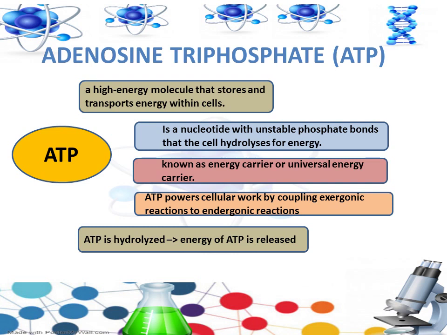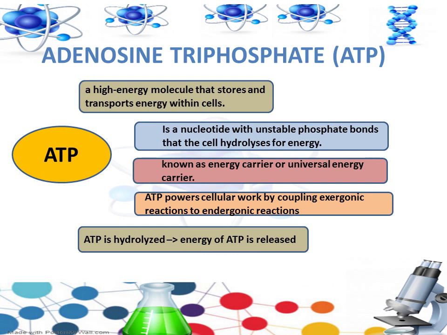Next, we go to the next subtopic, adenosine triphosphate, which is ATP. So what is ATP? ATP is a very high energy molecule that stores and transports energy within cells. It is a type of nucleotide with unstable phosphate bonds that cells hydrolyze for energy. And ATP is also known as the energy carrier or universal energy carrier.